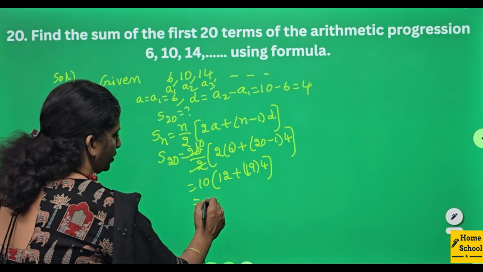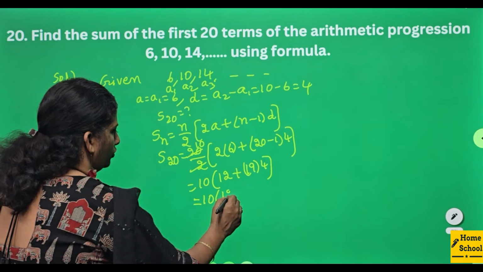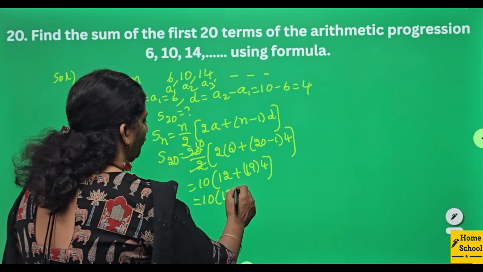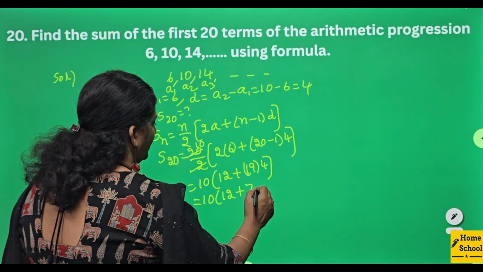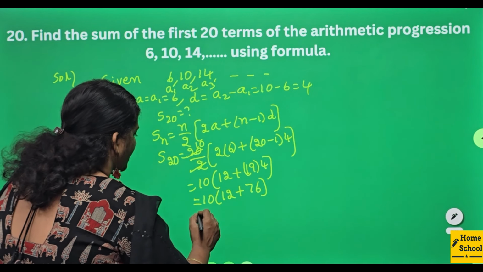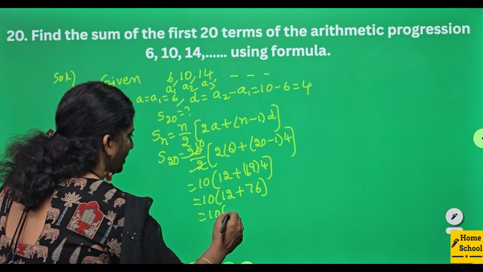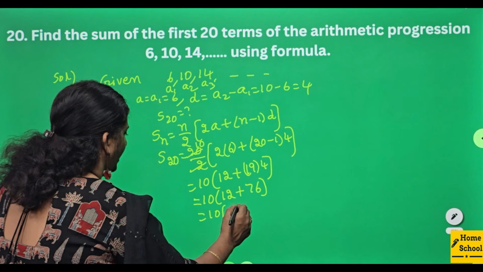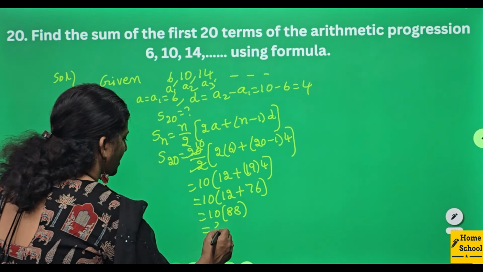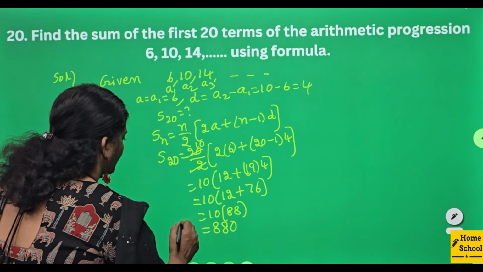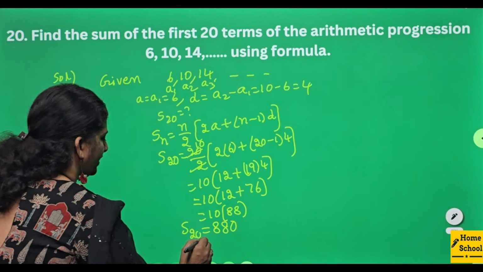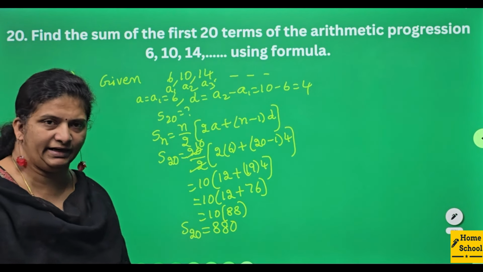That is 10 × (12 + 76), since 19 fours are 76. 76 plus 12 will be 88. 88 tens are 880. Therefore, the sum of 20 terms is 880.